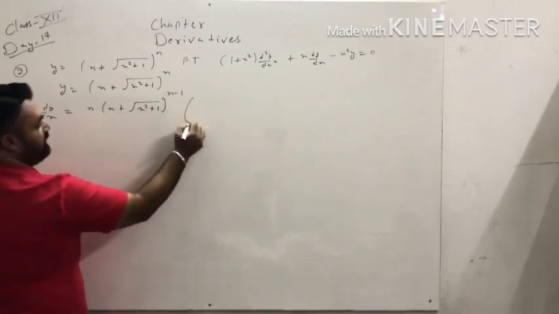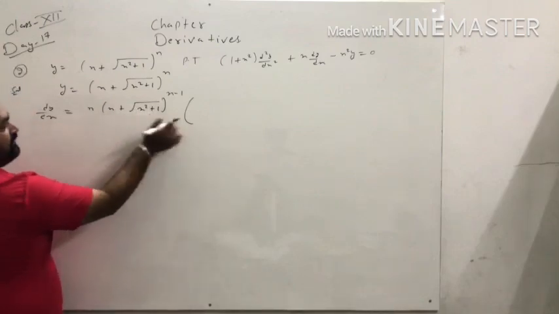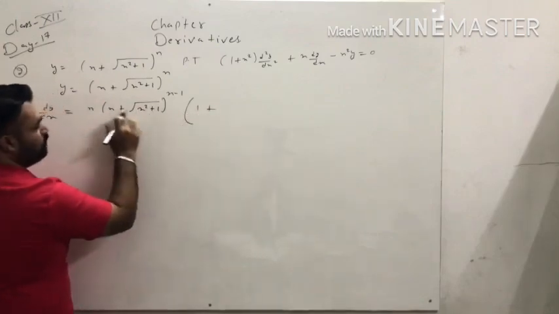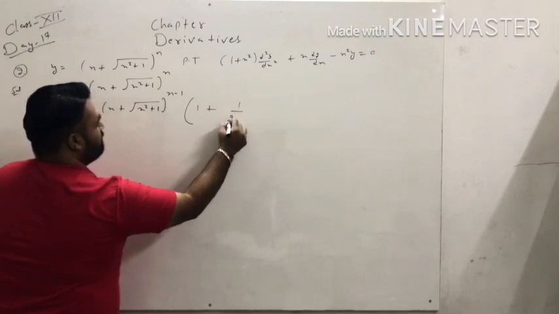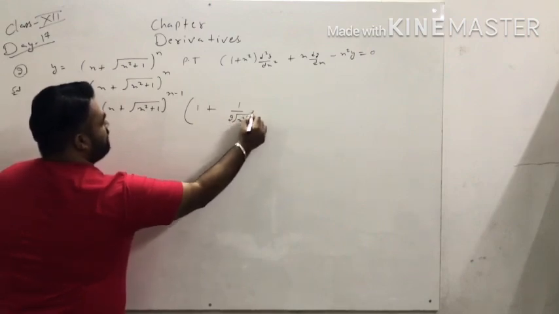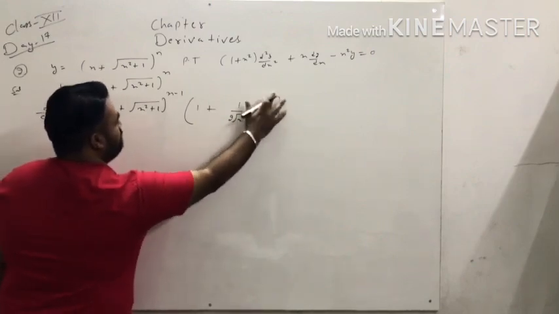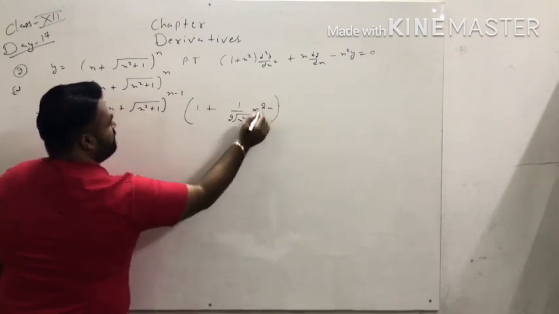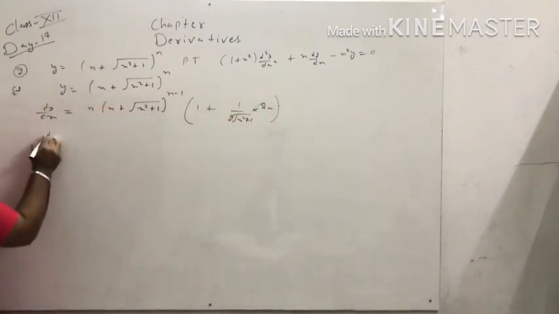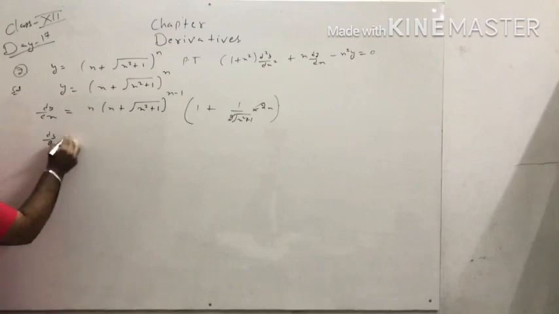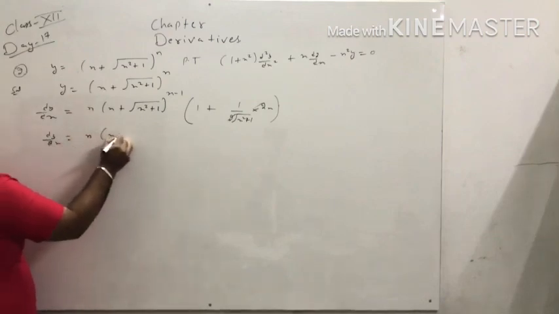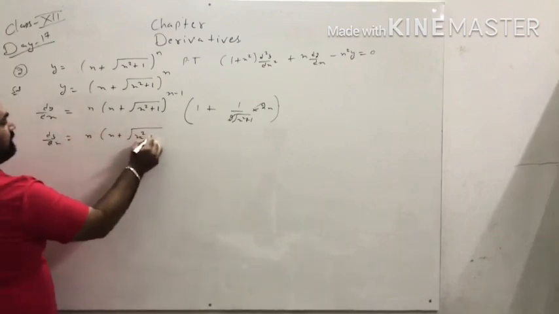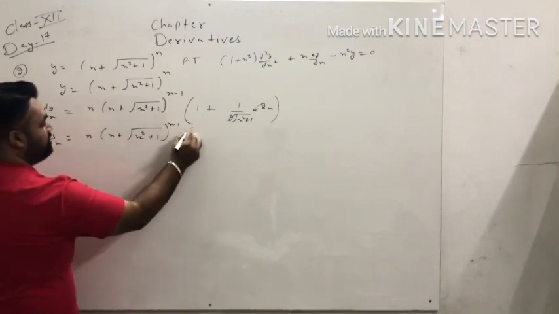After then, the derivative of this. The derivative of x is 1. The derivative of root x square plus 1 is 1 upon root x square plus 1 into 2x. So 2 cancel. So dy upon dx equals n into x plus root x square plus 1 whole raised to power n minus 1.